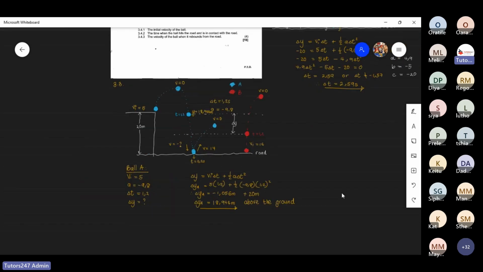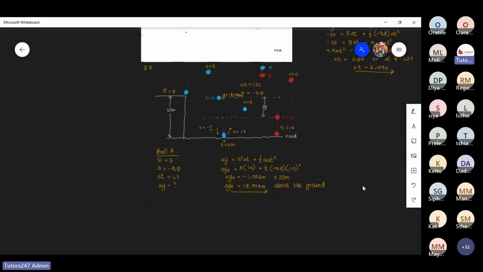Okay, so we've now found out that our ball A is 18.944 meters above the ground. So when the ball stopped and froze mid-air after 1.2 seconds, it stopped at a height that is 18.944 meters above the ground.